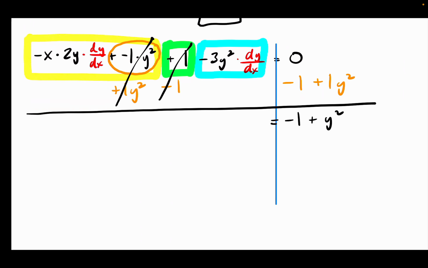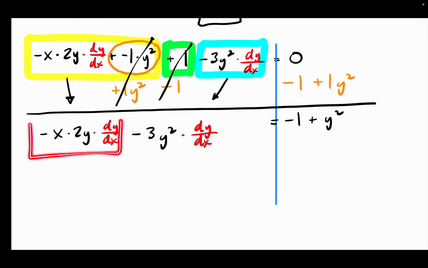So let's see, negative x times 2y times dy dx. Negative 3y squared times dy dx. We can simplify dy dx since both terms have a dy dx. You got one term here, and you got one term here.